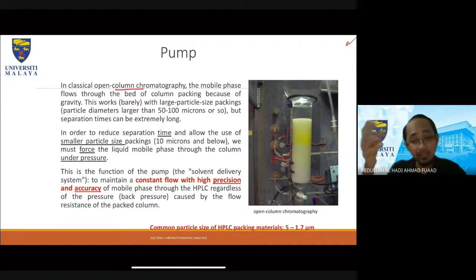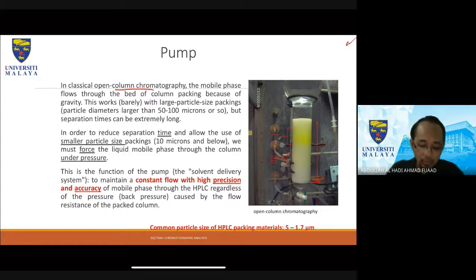It might take a longer time, and some might be faster. It also depends on the quantity that you use, the length of the column, the total length of the silica. All of these influence the time of your LC run, liquid chromatography run.